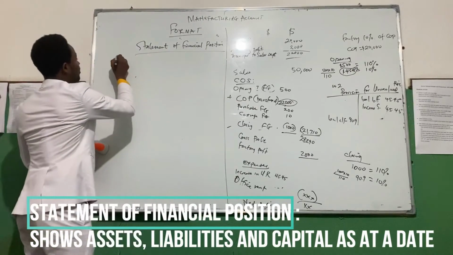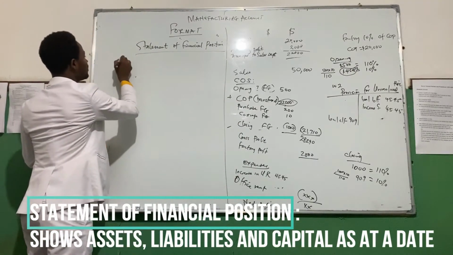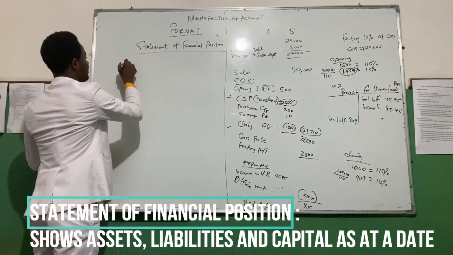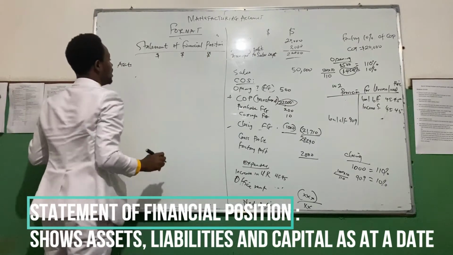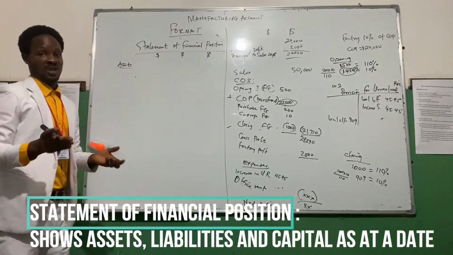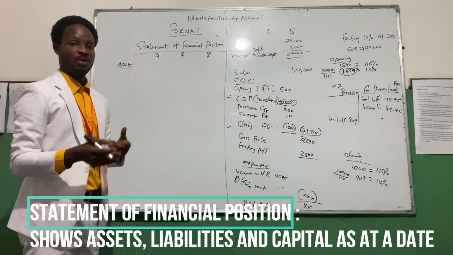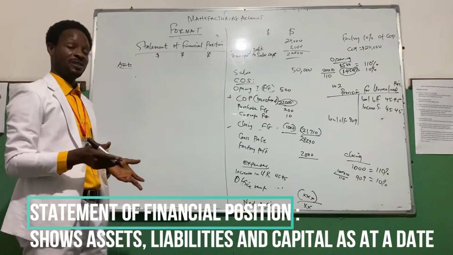So, assets. We can have factory equipment. Equipment of the factory is part of the assets of the business.